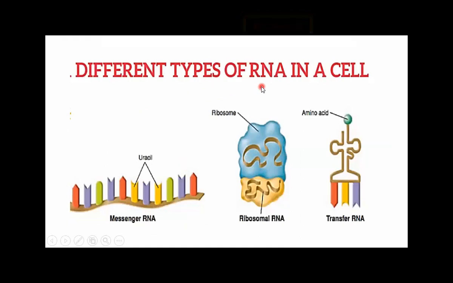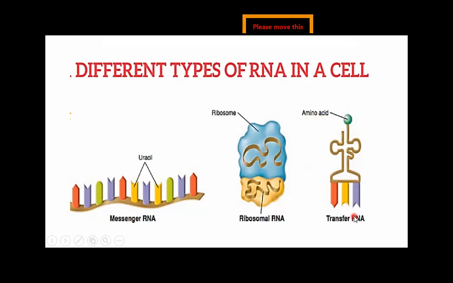There are three types of RNA in a cell. This is the messenger RNA, as the uracil bases are present in the RNA instead of the thymine. This is the ribosomal RNA, the larger and smaller subunit consisting of the ribosomal RNA and protein.